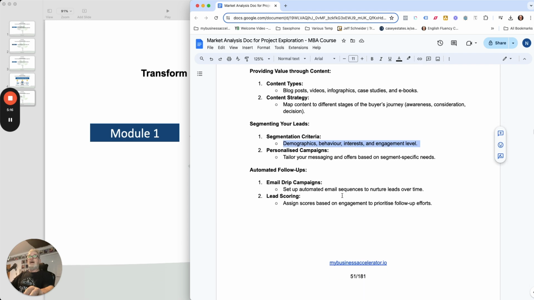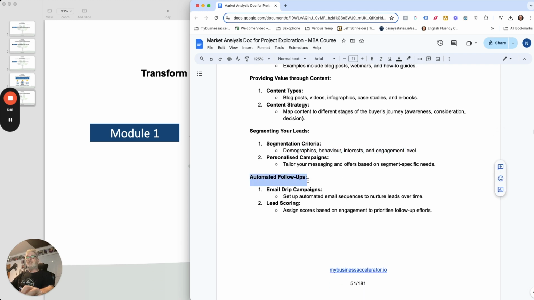Okay. Now, the automated follow-ups, this is something that we'll talk about during the course a little bit further on. We will be using email drip campaigns, which are automated email sequences to nurture the leads over time. And again, we want to focus as much as possible on adding value, providing something useful instead of just pitching whatever we want to sell.